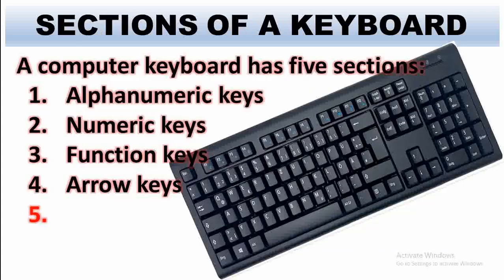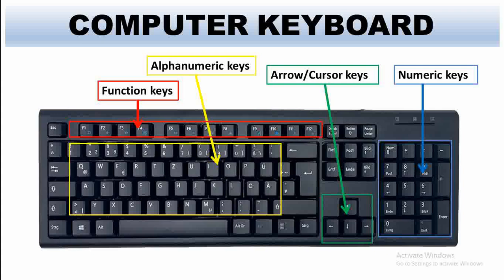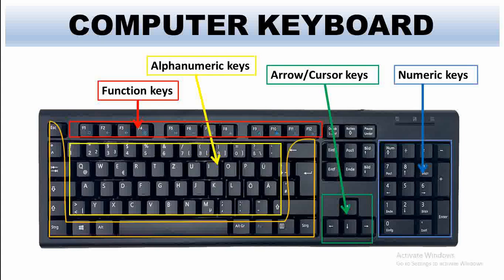Then the fifth one, which is the last one, is what we call the special keys. They are called special keys because they perform special functions. Most of these keys are pressed along with other keys to perform operations on the computer system. So what are the special keys? Those are the special keys. We can see from the escape key down. We can see the arrow, which we call the tab key.